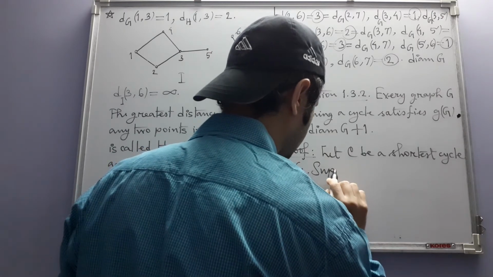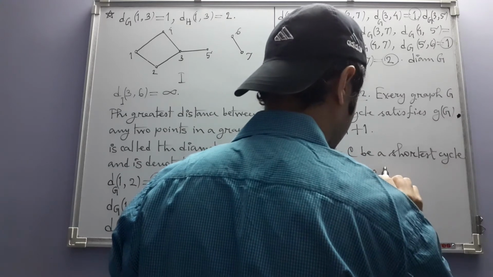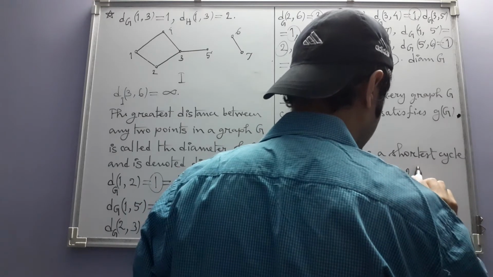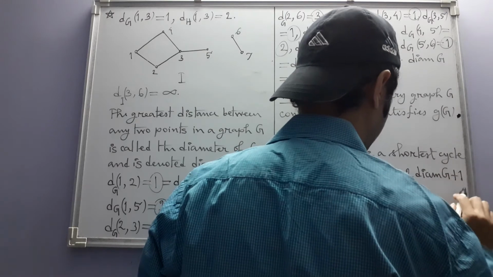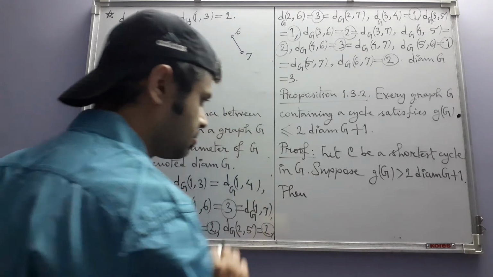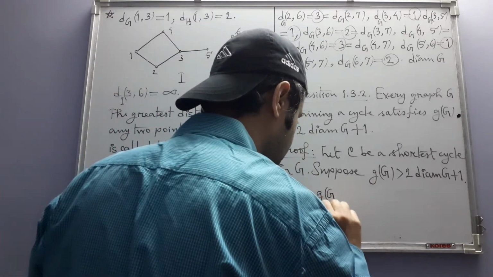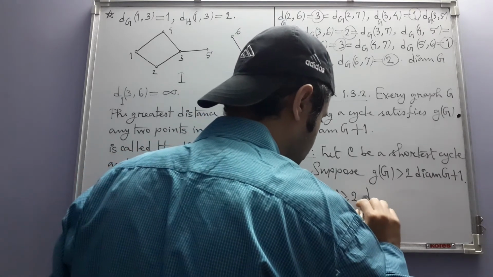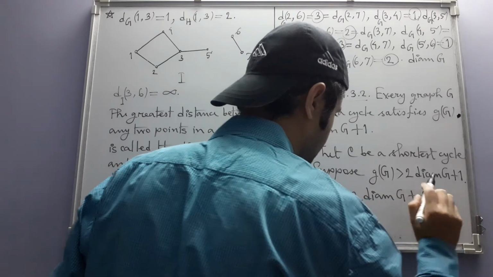Suppose that the girth is strictly greater than 2 times diameter of G plus 1. Then, since these are all integers, this inequality is equivalent to this one, 2 times diameter of G plus 2.